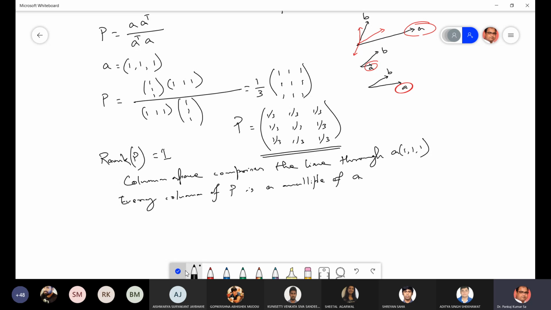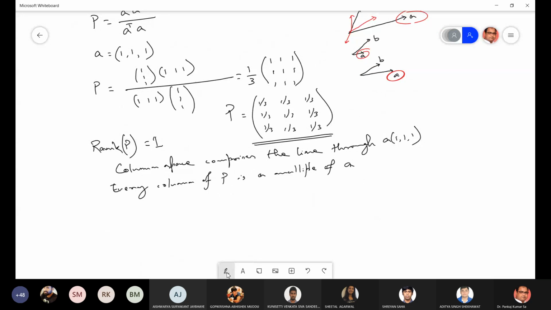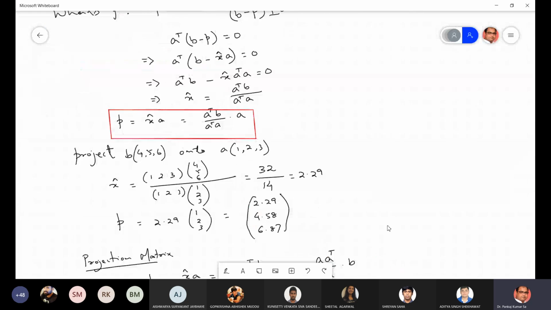And that is what exactly we have written earlier. PB is equal to X cap A. And I started with this actually.